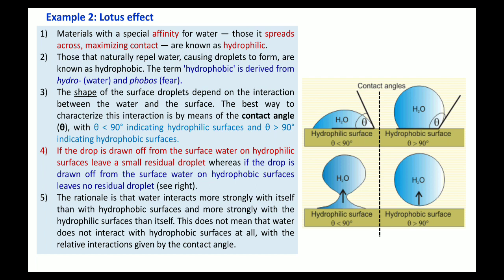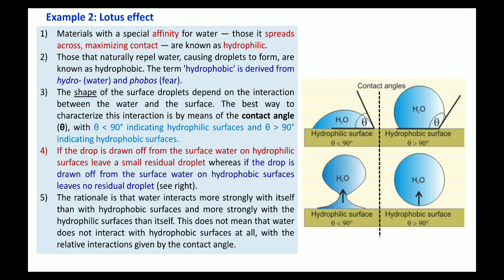The rationale is, why is it like that? Why in the hydrophilic surface is some water still remaining? The reason is given here in point number 5. The rationale is that water interacts more strongly with itself than with a hydrophobic surface, and more strongly with the hydrophilic surface than with itself.